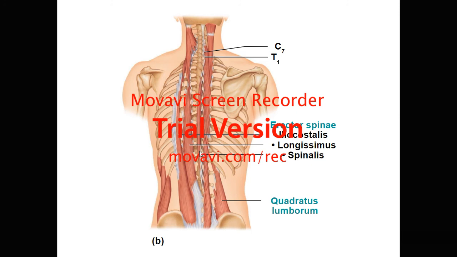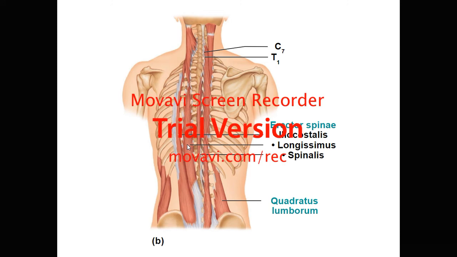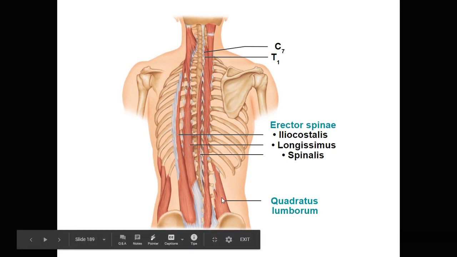Spinalis, you see attached to the spine of the vertebrae. Iliocostalis, you see that's close to the costal cartilage. And longissimus, you see the muscle is essentially long. And quadratus lumborum right here.